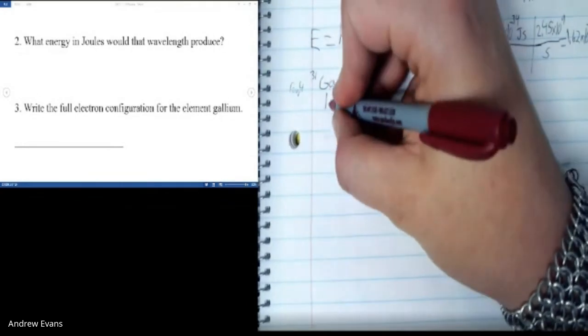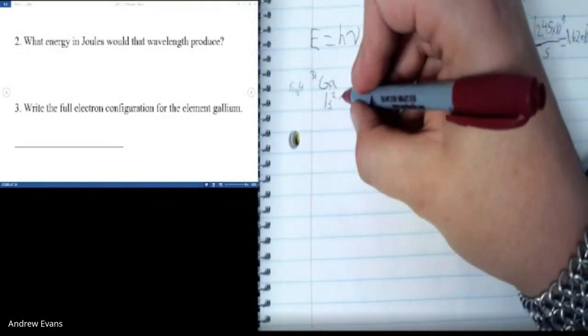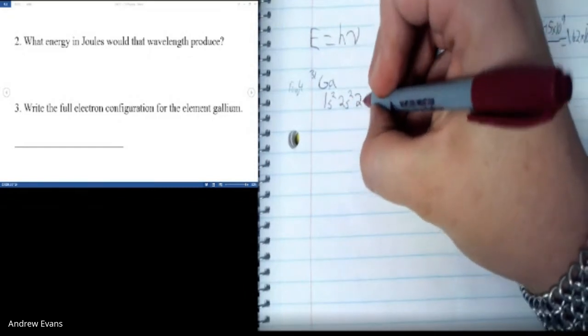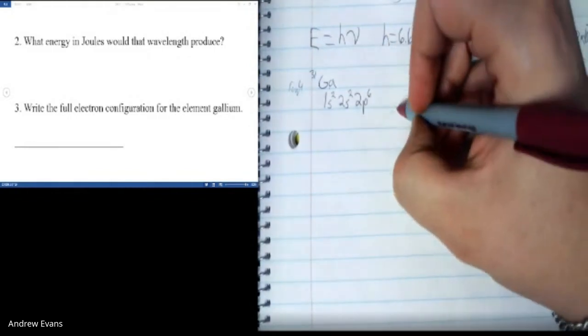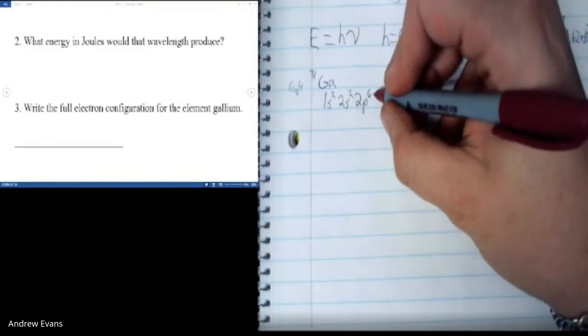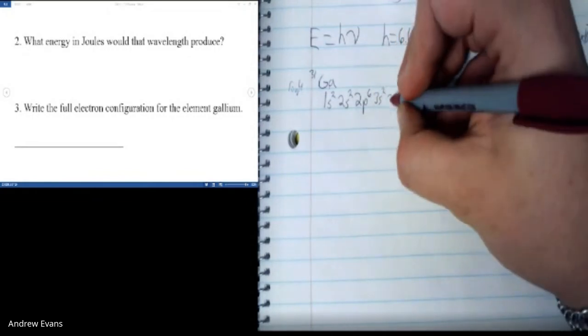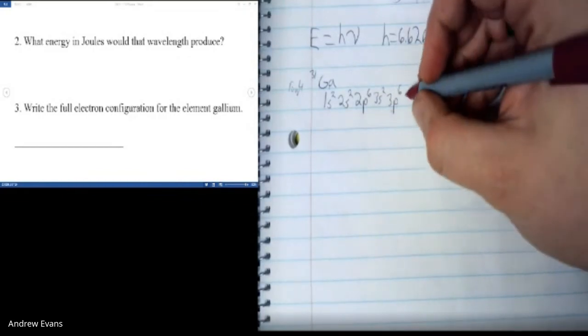All the other rows are standard. So 2 elements in the first row, 1s2. 8 elements in the second row, 2s2, 2p6. I'm working my way across. 8 elements in this third row, 3s2, 3p6. Now we're into row 4.